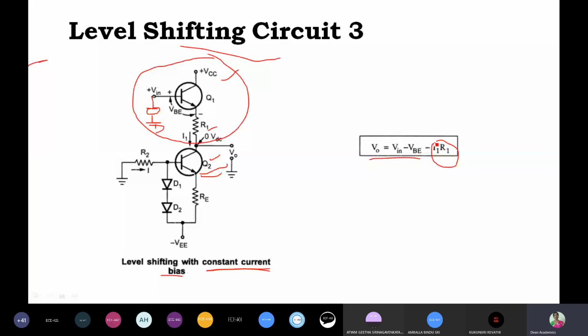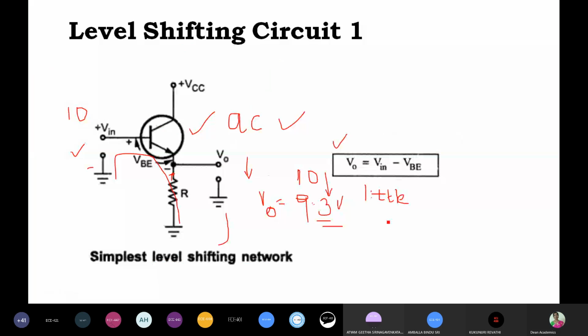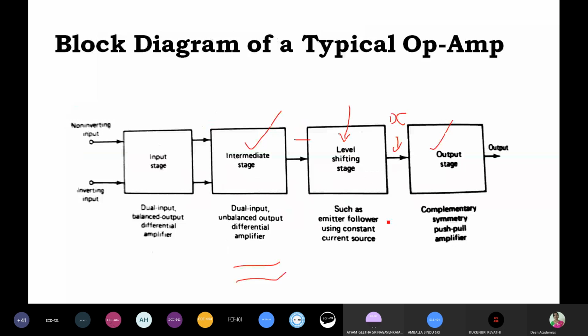Therefore, at the intermediate stage, you are getting some voltage. That voltage is the output here, and it is given as input to the level shifting circuit. Now, at the level shifter, you should get the output here. With the emitter follower circuit, V naught is equal to V in actually.